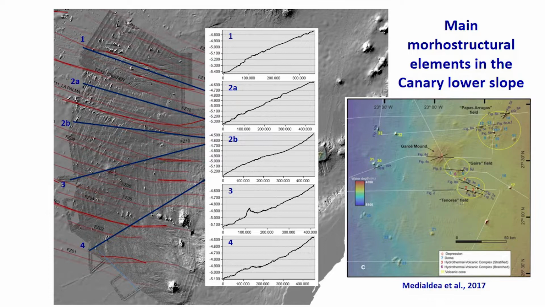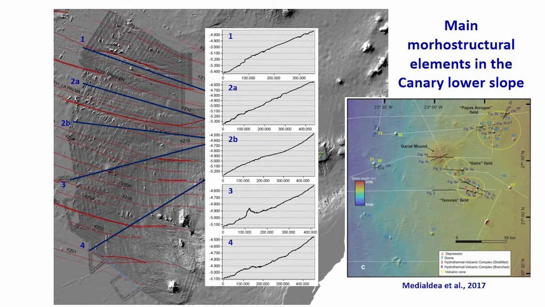And the central sector is the most affected by deformation, which causes a set of linear scarps and elongated ridges related to normal faults. It is also characterized by the formation of several mounds in the seafloor.